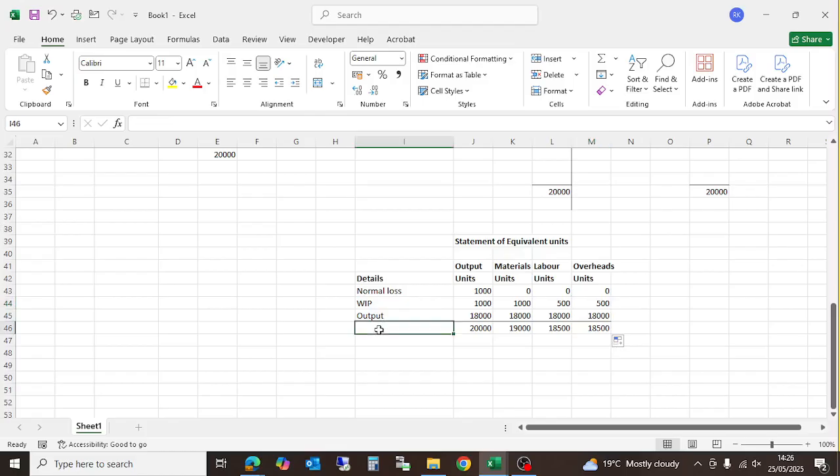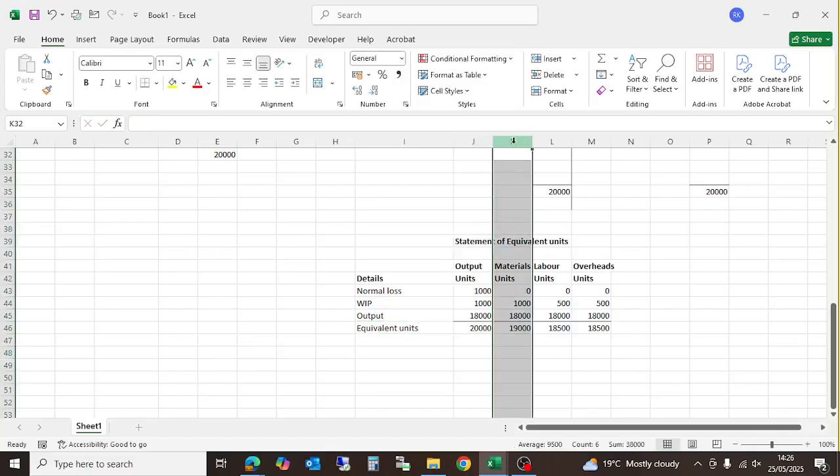So these are the equivalent units as per the statement of equivalent units. Per element. So the total, and I've gotten it right now. Oh, okay, perfect. All right.